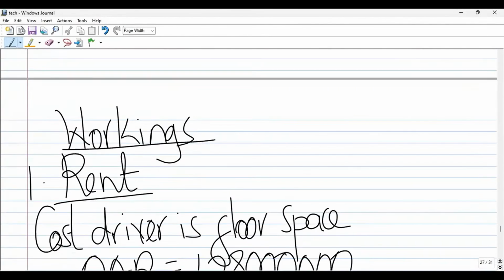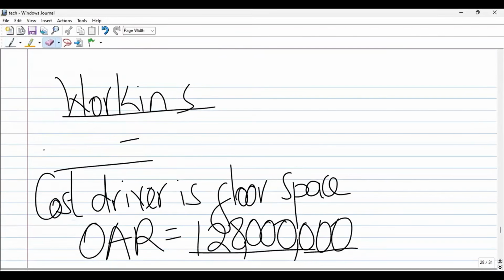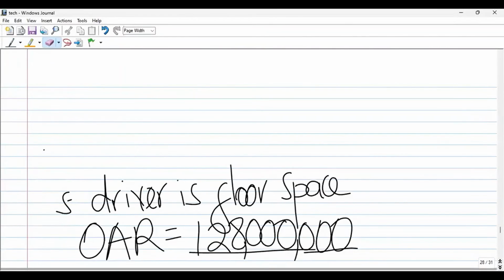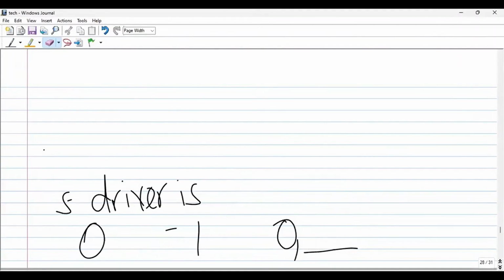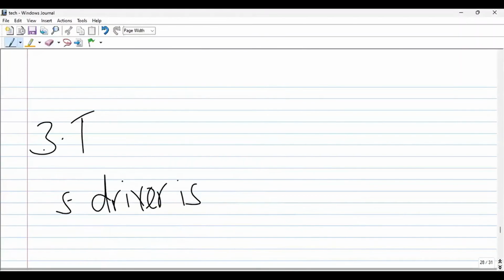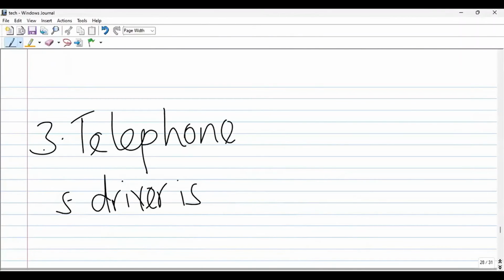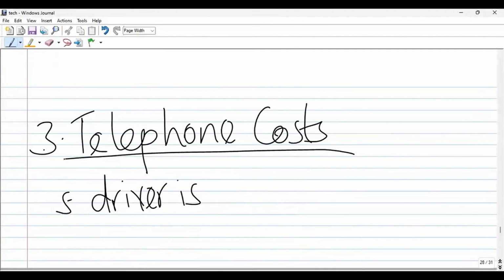So that is 3, telephone calls. So telephone cost, what is the cost driver here?